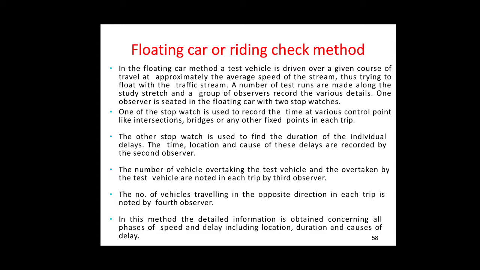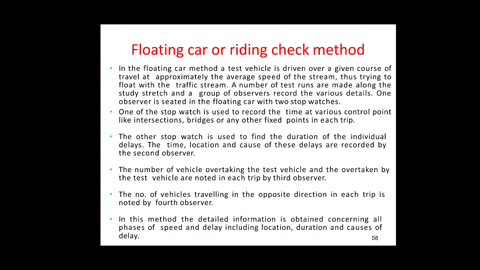A number of test runs are made along the study stretch, and a group of observers observe and record the various details. Here, one of the observers is seated in the floating car with 2 stopwatches.